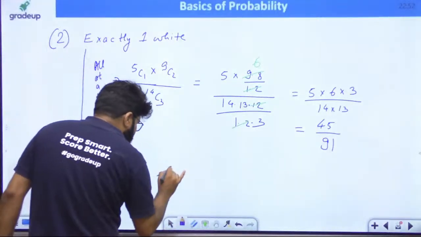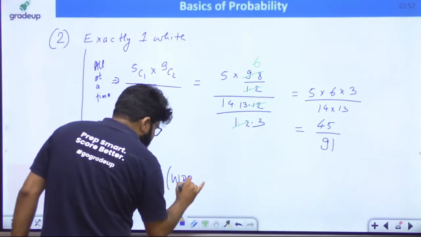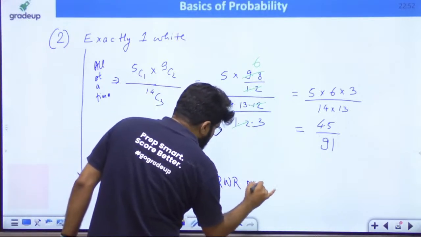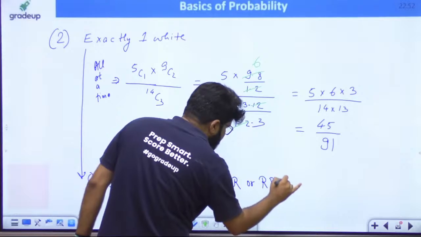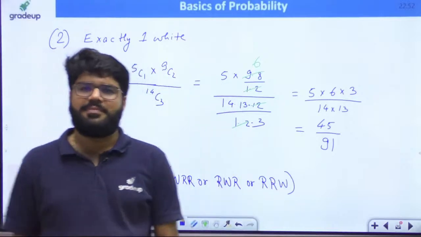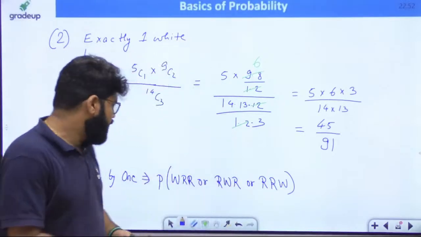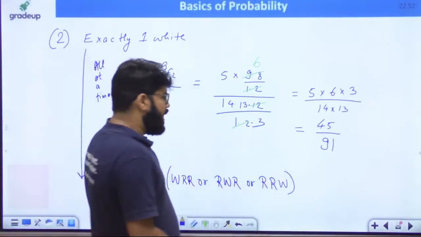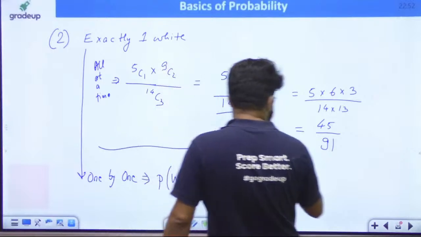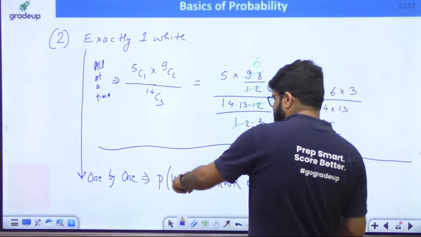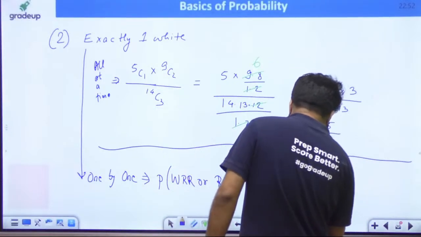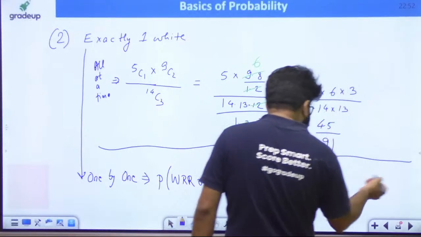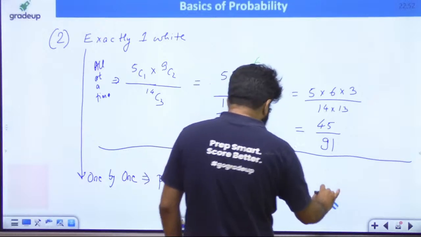So you have to take the probability white, red, red, or red, white, red, or red, red, white. 3 cases. Exactly one white. So it could be first white, it could be second white, it could be third white. And then you are going to solve it. First white, 5 by 14, then red 9 by 13, and so on.